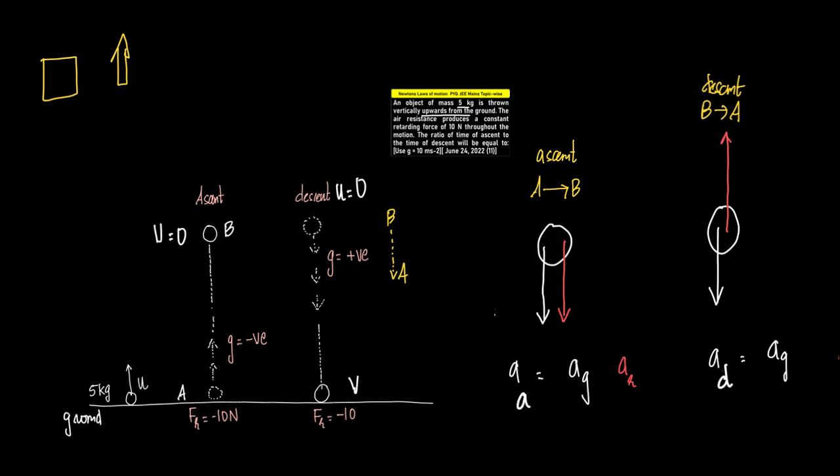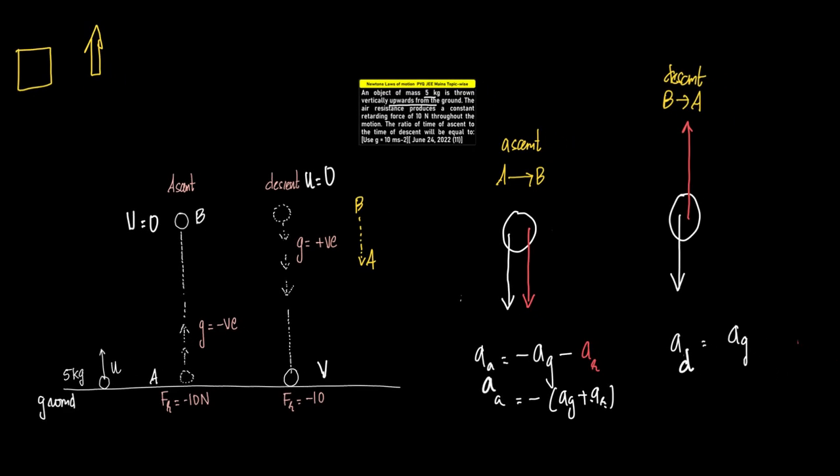During the ascent, the acceleration will be equal to minus ag minus ar, which is equal to minus of ag plus ar. What is ar? Acceleration due to the resistive force, or we could write air resistance. So ar is the acceleration due to resistance.